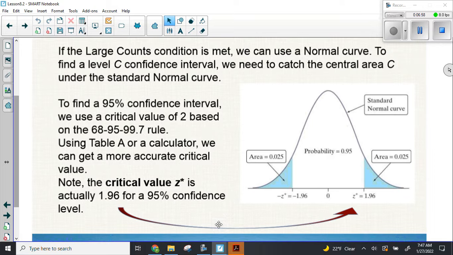Your upper bound would be this value, 1.96, and then it calculates an area. The stuff inside the table is pre-calculated areas using integrals. Those areas are probabilities.